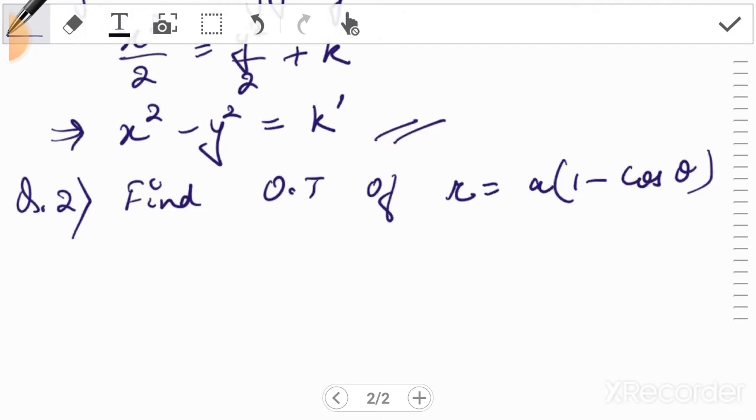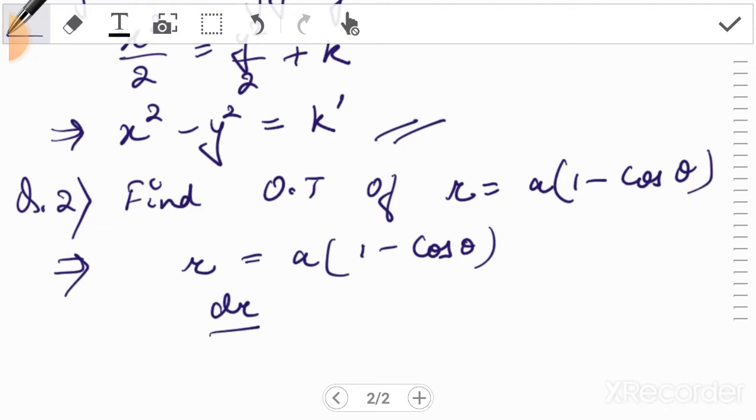Then differentiating r is equal to a times 1 minus cos theta with respect to theta, dr by d theta is equal to a minus a cos theta derivative, which is minus of minus a sin theta, that is a sin theta.